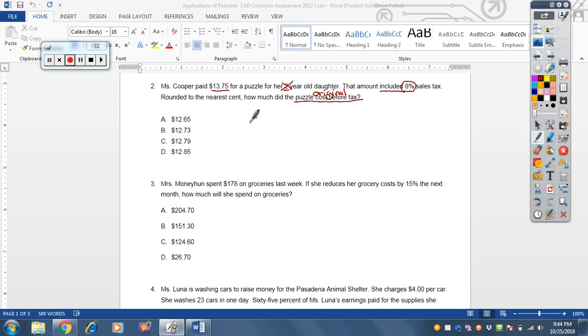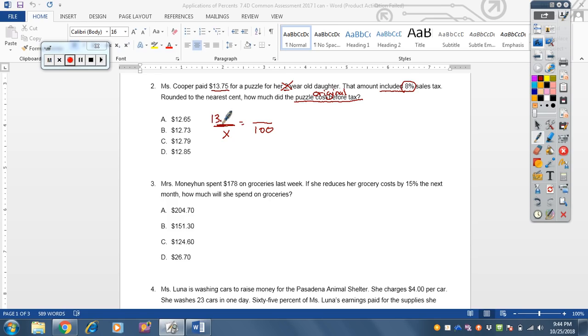So every time I see percent, I know it's going to be a proportion. But here's where it gets weird. I know it's going to be percent over 100. I know I'm looking for the original price. This $13.75, it's not the percent, is it?